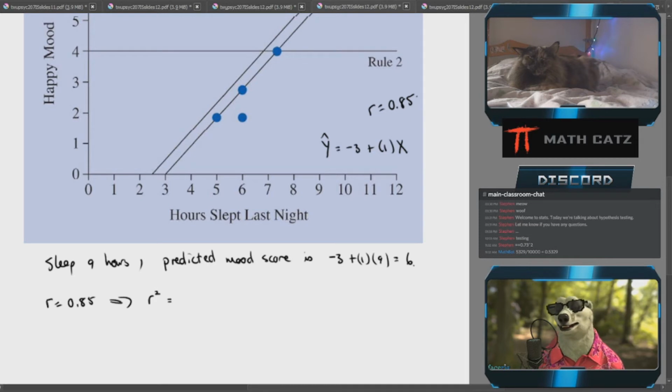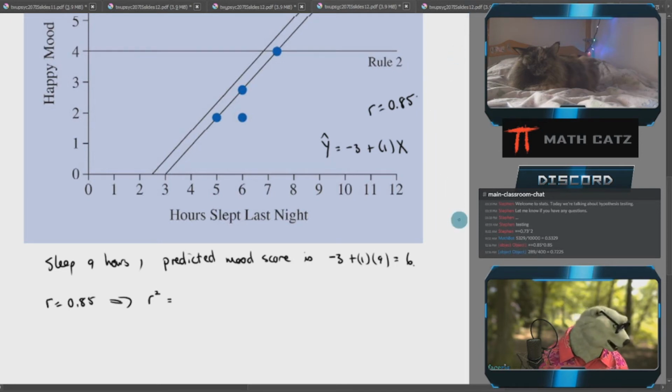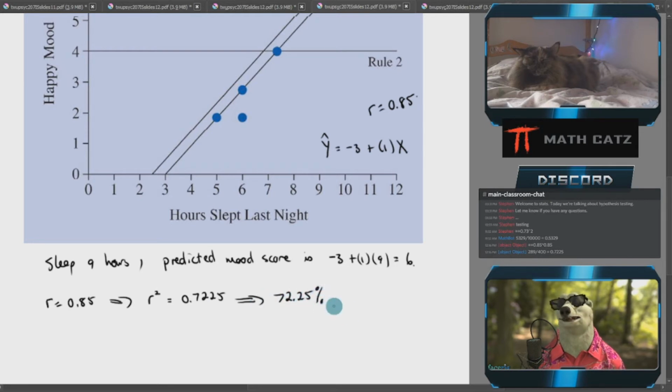Let's just see what we get when we square that. 0.85 squared, so times itself, is 0.7225. Turn that into a percentage, 72.25%. That is the proportion of variance or variability accounted for by the other variable.